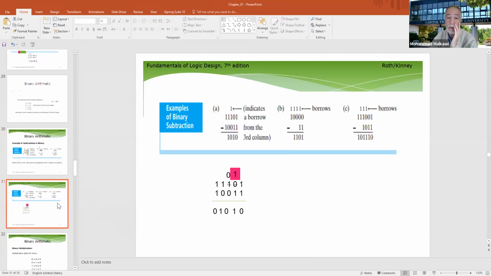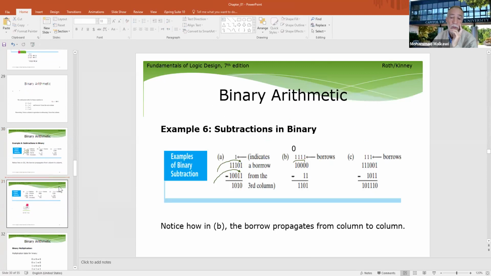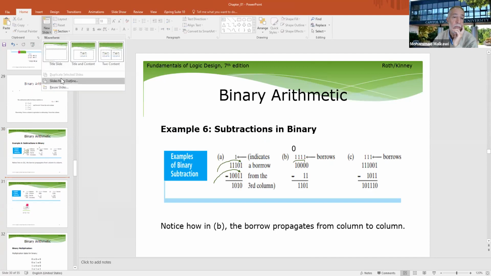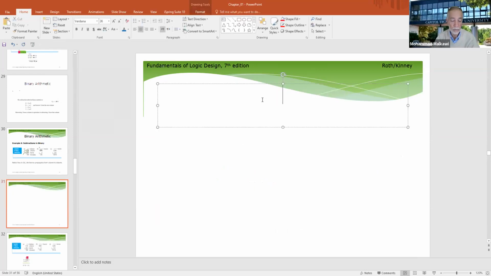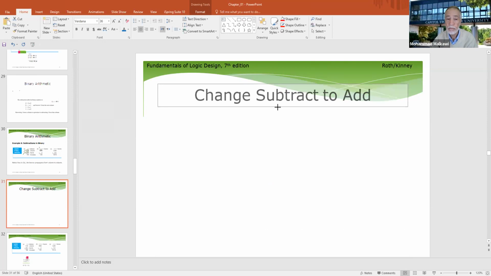Let me do a slide here: change subtract to add. I'm not going to do that now, but I will show the benefit.